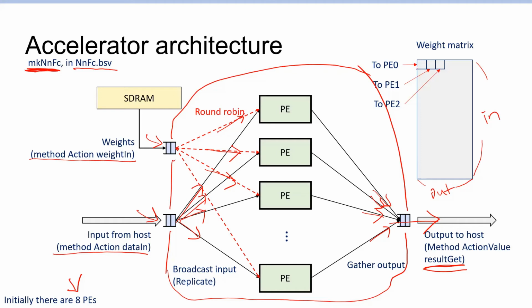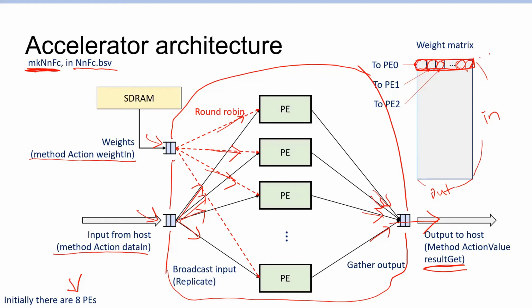For input 0, we want to generate output 0. PE0 will generate 1 element of it, PE1 will generate 1 element of it, PE2 will generate 1 element of it, and if output is larger than 8, then PE0 will generate another column, and so on. So the point is, any column will be assigned to a single PE in a round robin fashion.